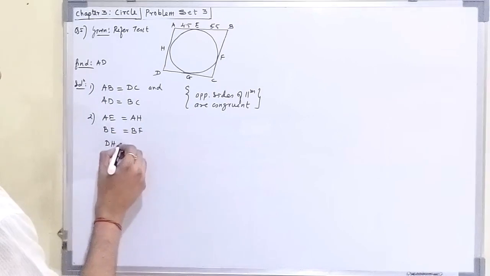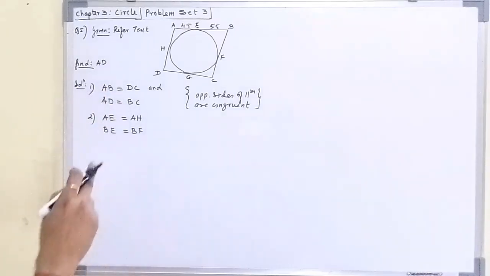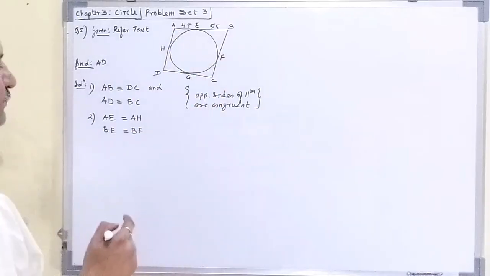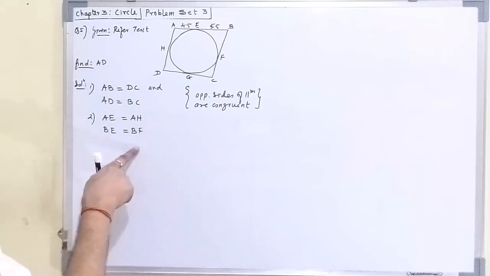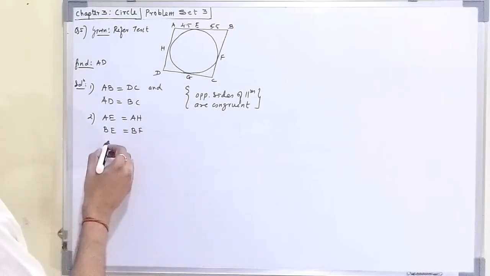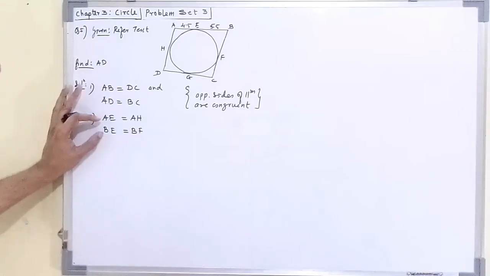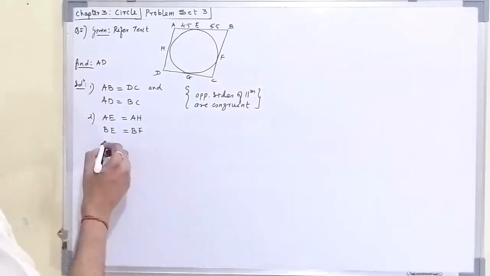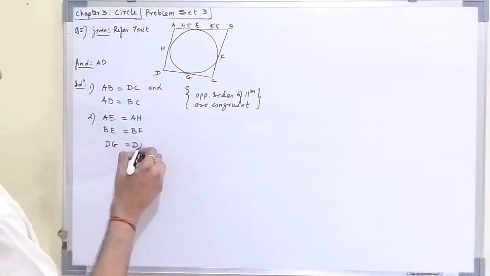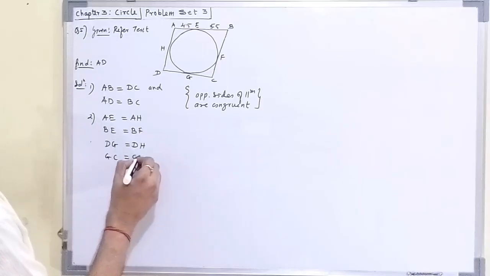Same way DH... second number, DG equal to DH, GC equal to CF.